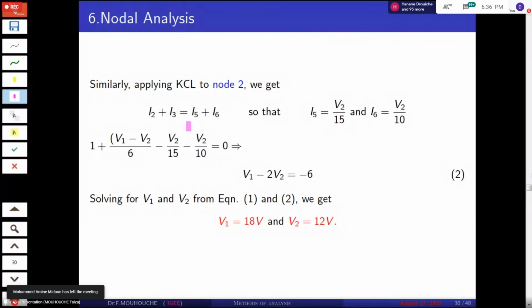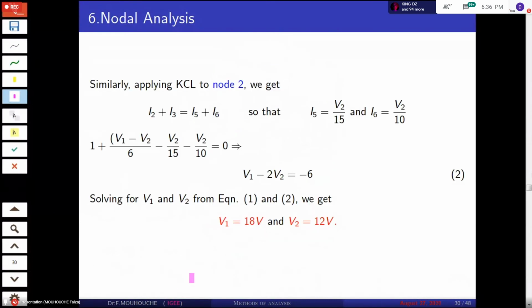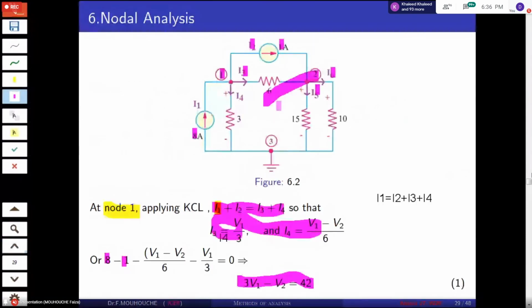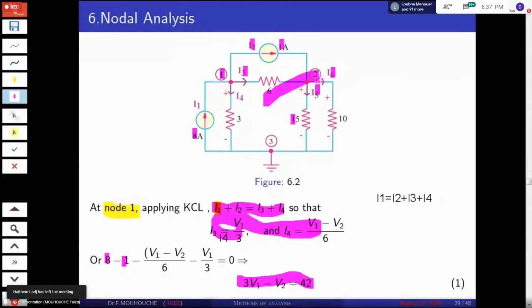Now the second node. We will return to our circuit. What we have is I2 plus I3 equal to I6 plus I5. I5 equals V2 over 15, and I6 equals V2 over 10.